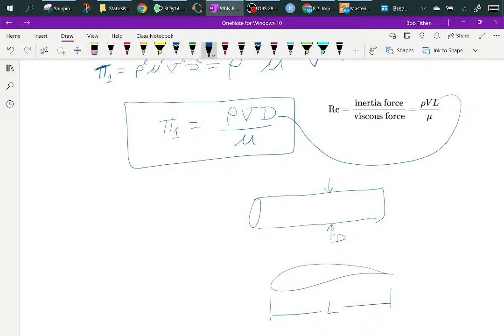For pipe flow, they use a diameter. The chord length is the length from the tip of the wing to the tail of the wing. So if you double the size of your wing, it'll double that chord length.